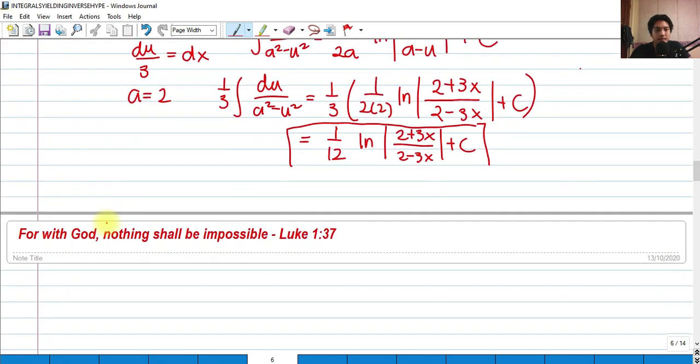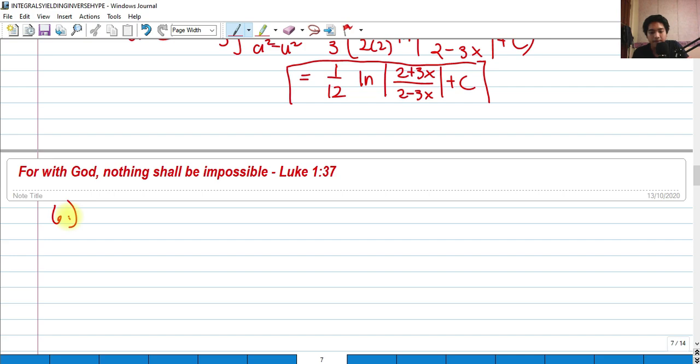So for number 6, we have the integral of dx all over the square root of x multiplied by 1 plus square root of 1 plus x. So in this problem, what we are going to do is let u equal square root of x, because it's obvious here that we have a u times a square root of u squared plus a squared.